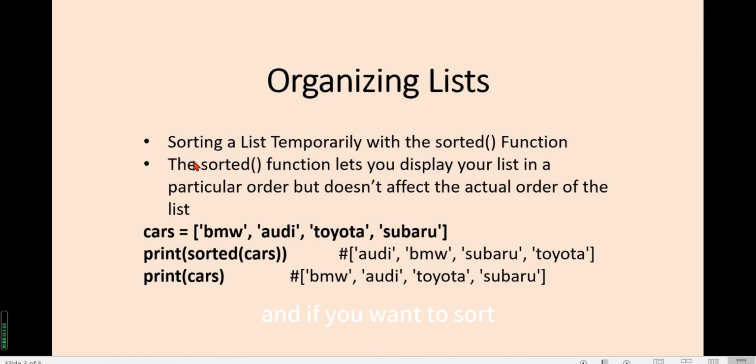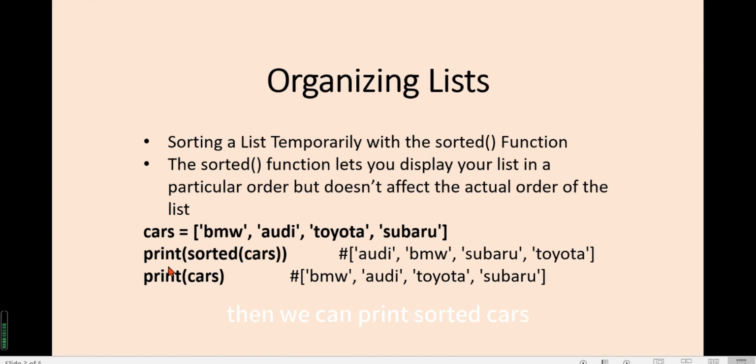If you want to sort a list temporarily, you can use the sorted function. The sorted function lets you display your list in a particular order, but doesn't affect the actual order of the list. So class is a list with 4 items.